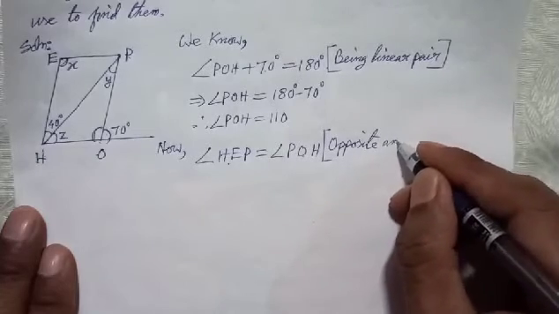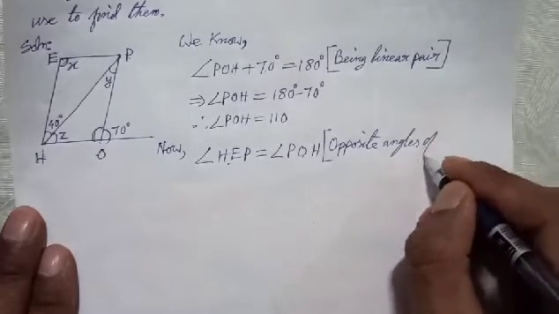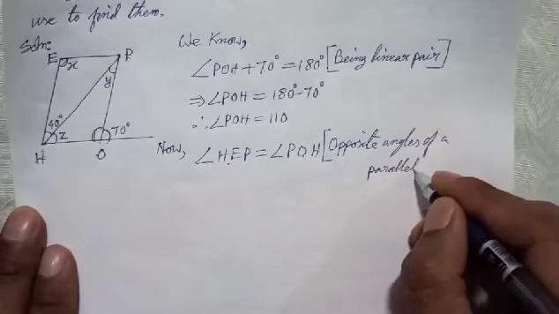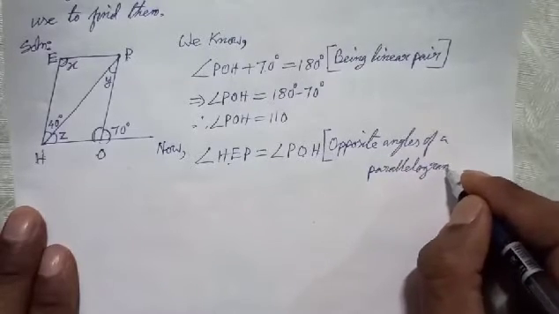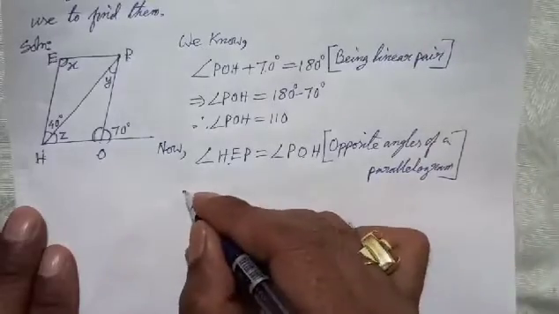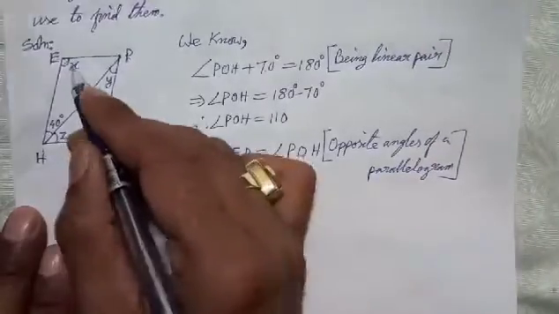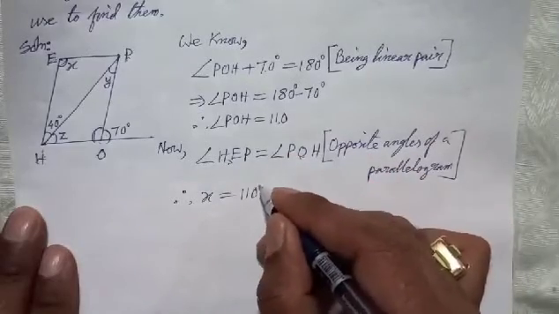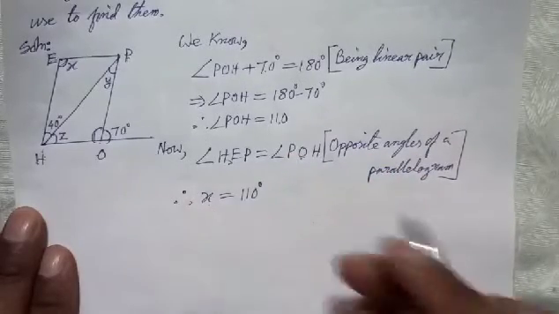Opposite angles of a parallelogram. Therefore, this angle is x and this angle is 110 degree. So now x is 110 degree.